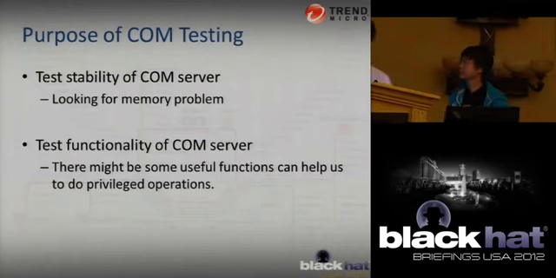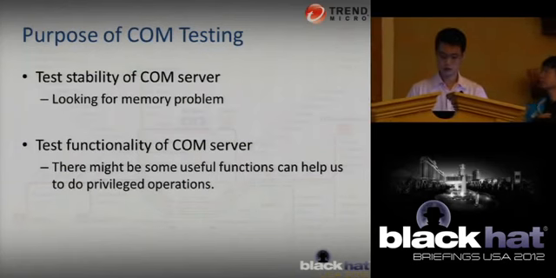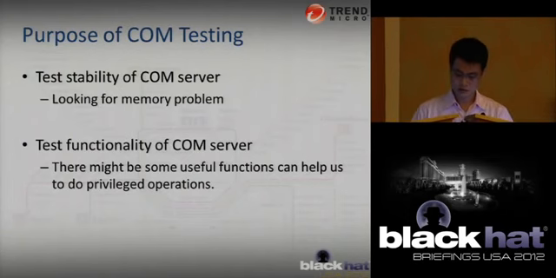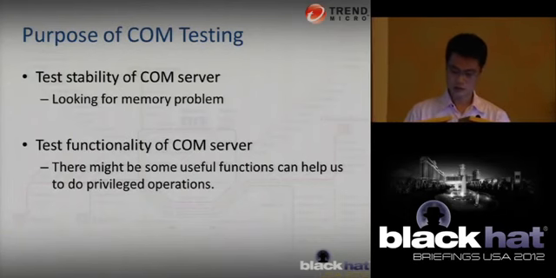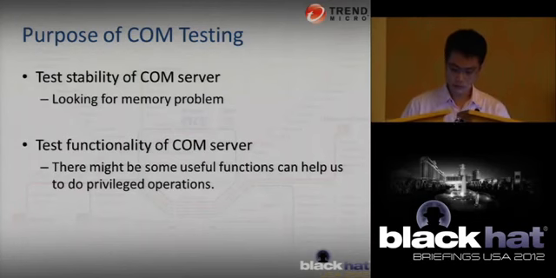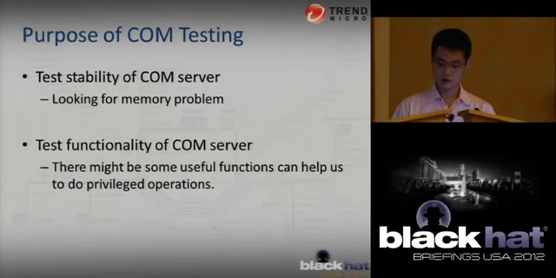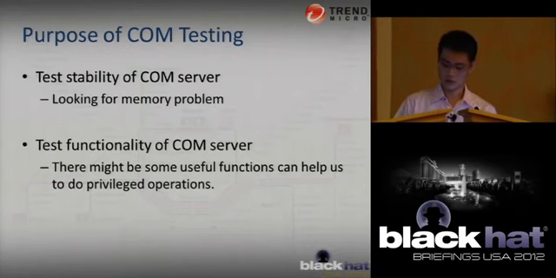So there are two purposes of COM testing. The first, we want to test the stability of COM servers and look for problems, like memory corruption. Also, we want to see the functionality of COM servers. There might be some useful functions that can help us do privileged operations.